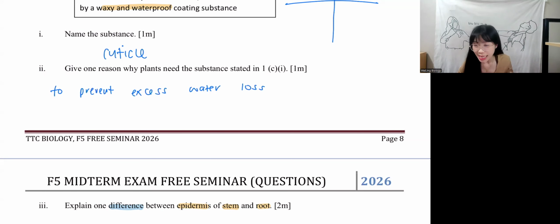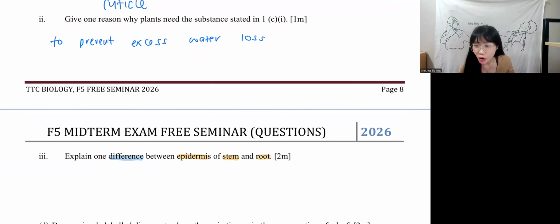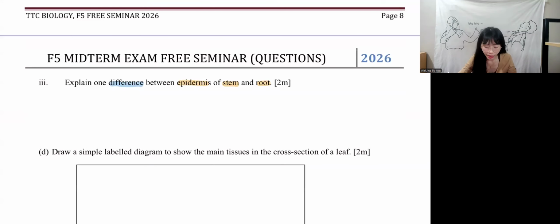Root doesn't have a cuticle. The other one you can write is the root will develop into root hair cells, whereas the stem has no root hair cells. So we have two answers. Either you write cuticle, or root hair cell. It's your choice. Let's say I write the root hair cell, because the cuticle you already know the answer.